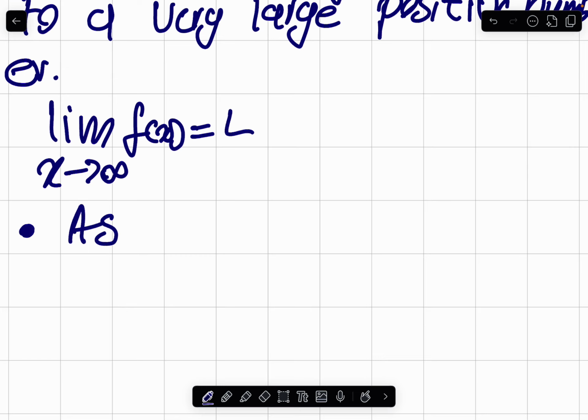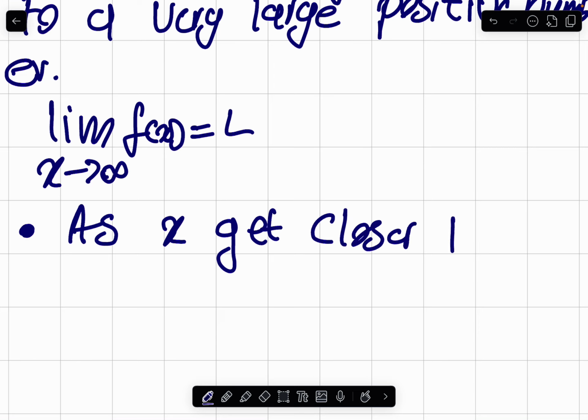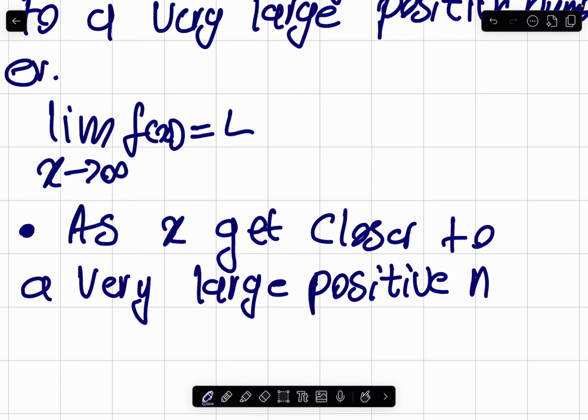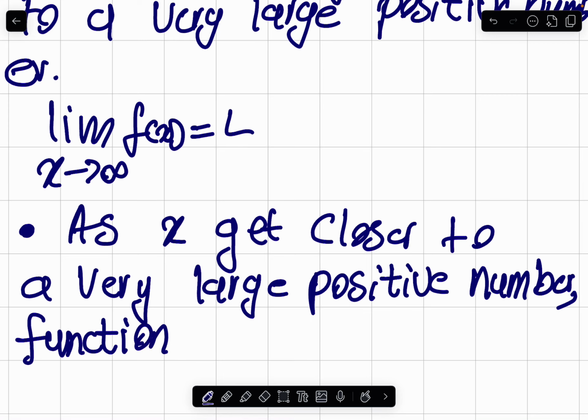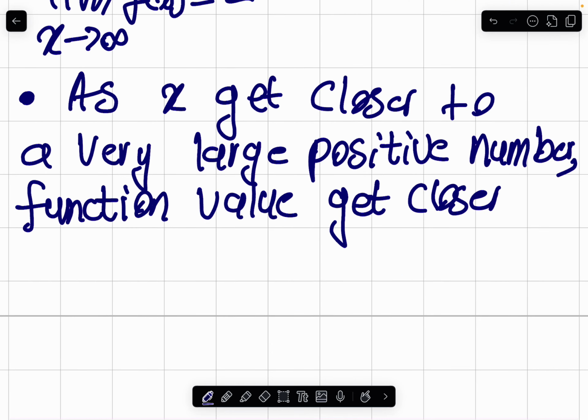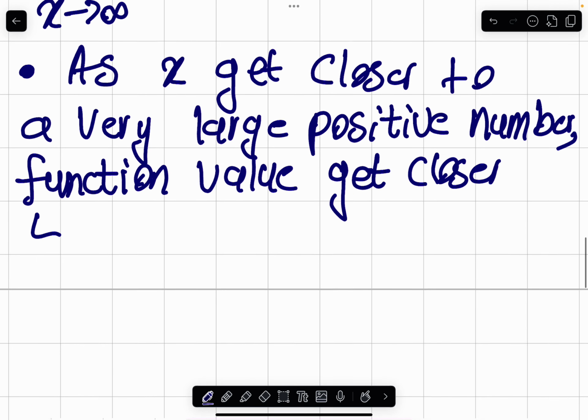Point number 1 will tell them as x gets closer to a very large positive number, the function value gets closer to what? To L. This L. Understand?